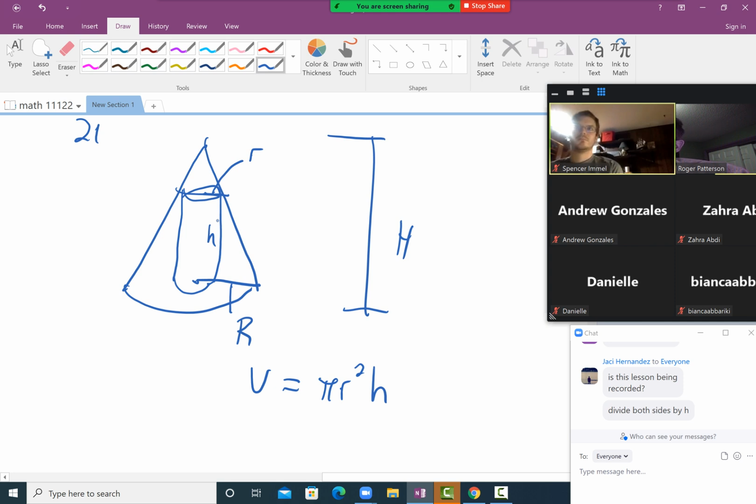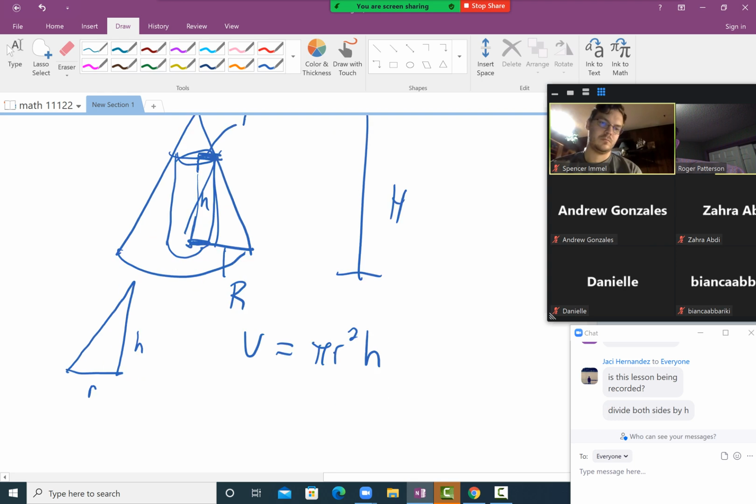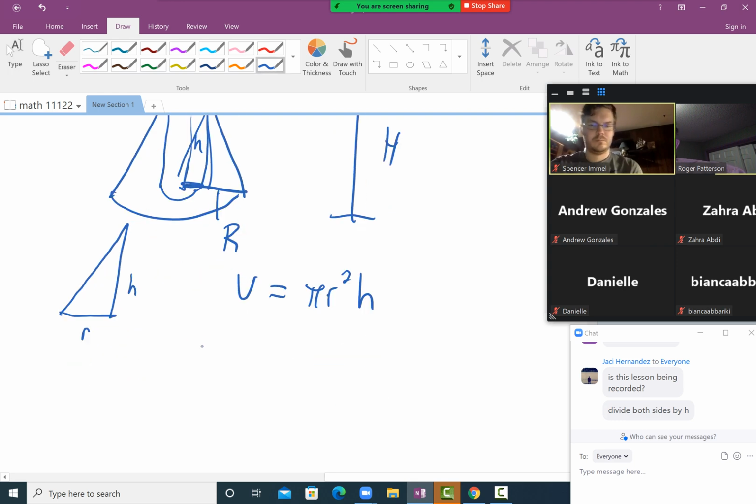Well, there are some similar triangles here where we have this R here and this H coming down. Let me see if I can, I'd rather draw it this way. So here is one of the triangles where this is a little r and this is an h. And this is the bigger triangle, which is from the cone's radius to the cone's height.